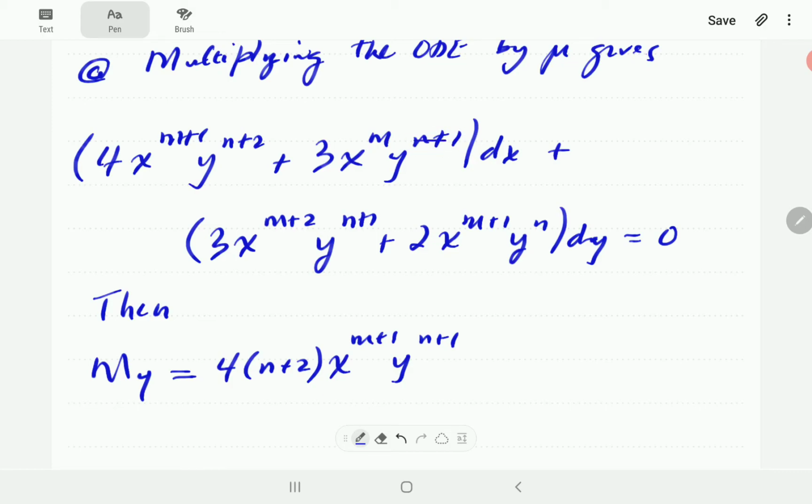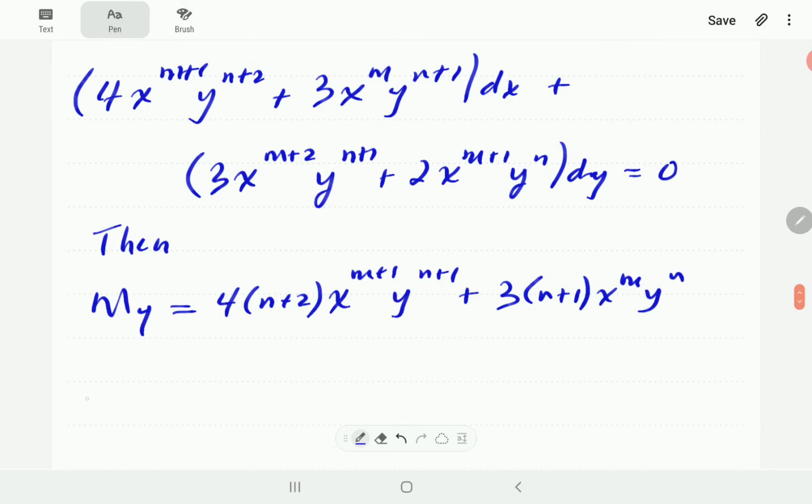For the second term, we're going to multiply by n+1, giving 3(n+1) x^m y^n. And then the derivative of N with respect to x.